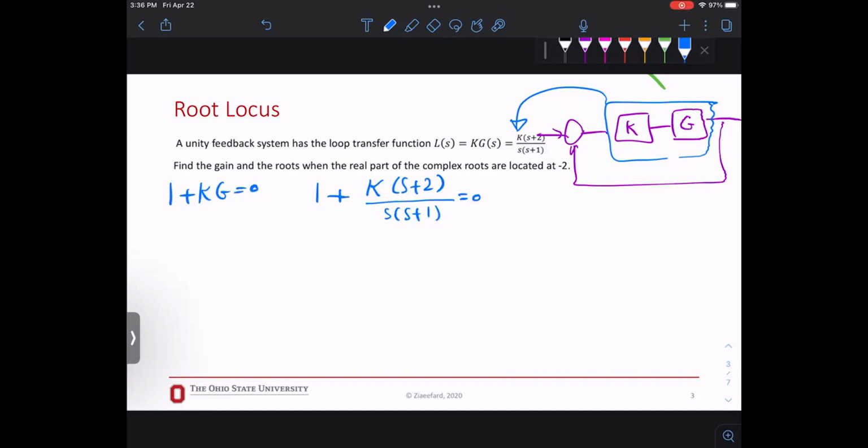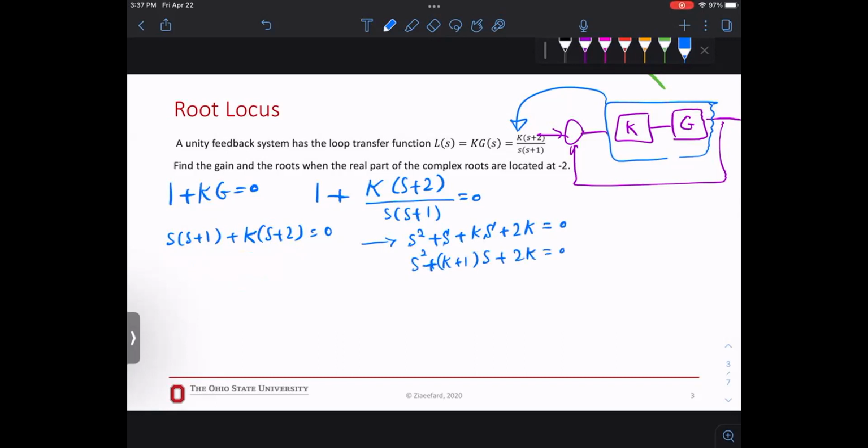So if you get the common denominator, you have s times s plus 1 plus k times s plus 2. So for this to be 0, this numerator has to be 0. So s times s plus 1, we don't care about this part. If I open this, multiply, s squared plus s plus ks plus 2k equal to 0. So you can see that s squared plus (k plus 1) times s plus 2k.